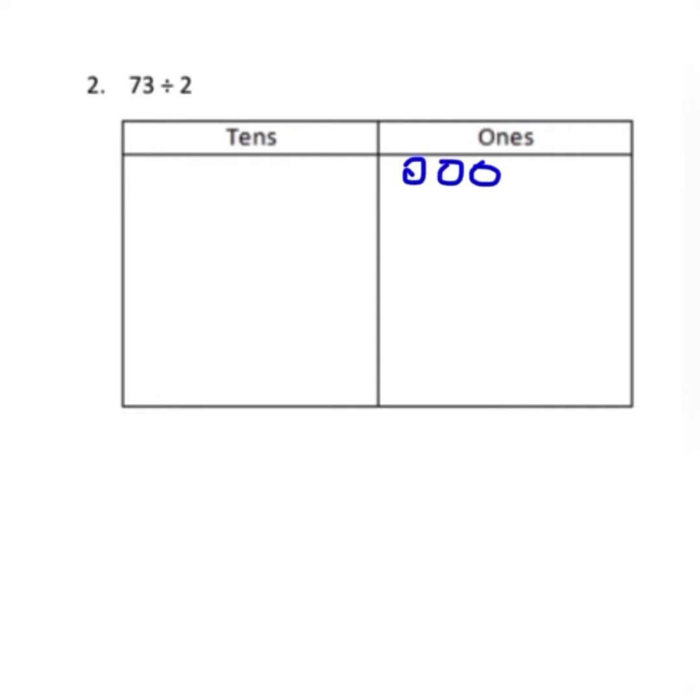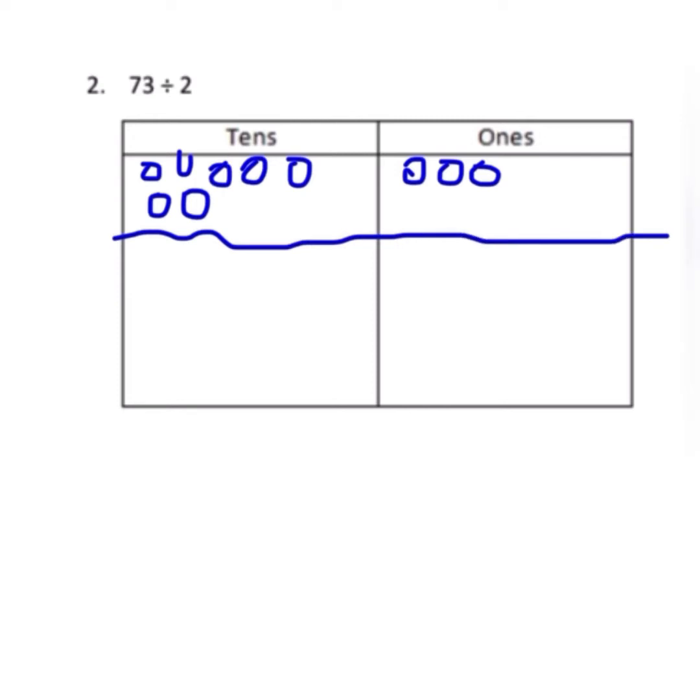I see that there is a 7 in the tens place, so I will draw 7 discs in the tens place. 1, 2, 3, 4, 5, 6, 7. I like to draw a squiggly line to separate my discs so I don't get confused when I start drawing my new ones. Okay, our next step is to draw 2 horizontal lines because we are dividing by 2.